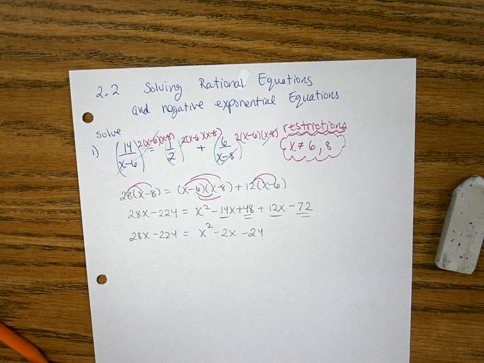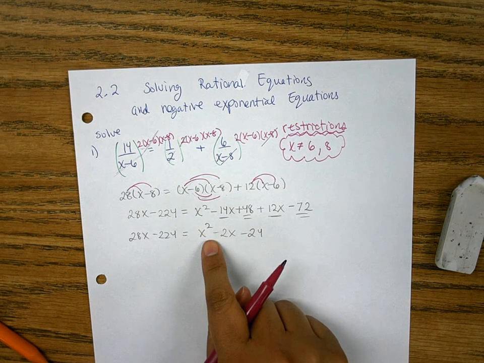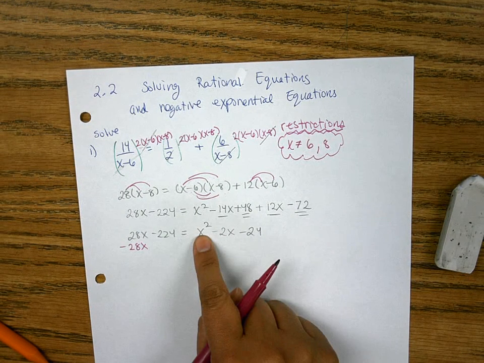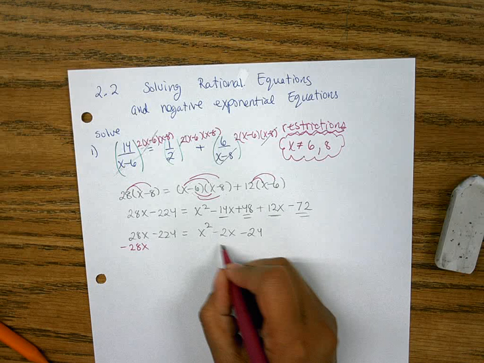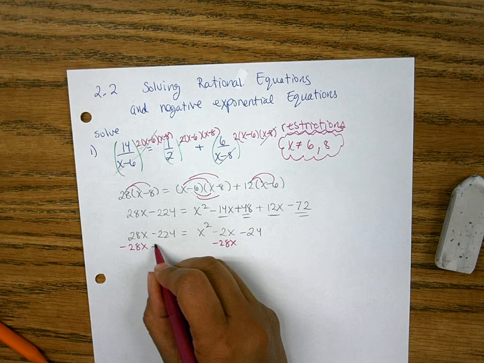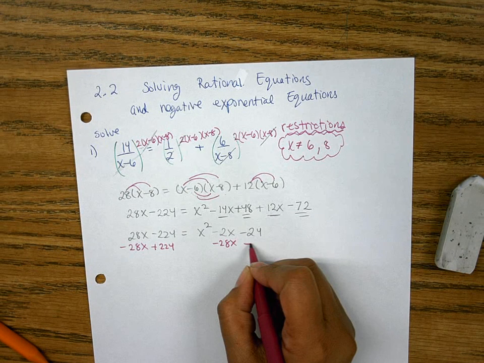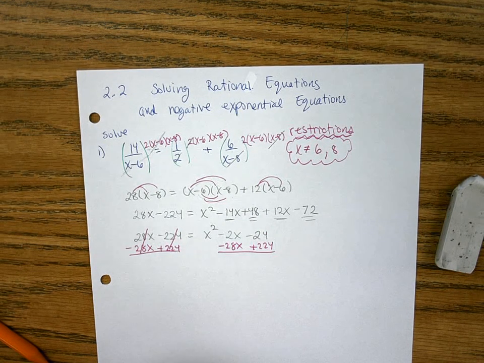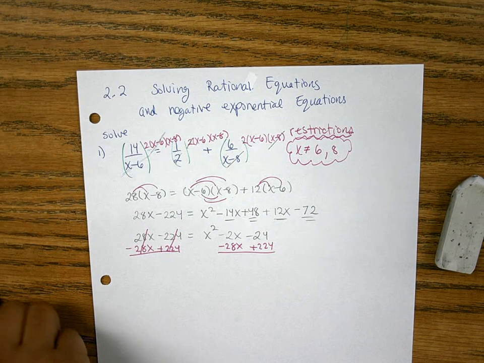So, do we want to move everything to the right or everything to the left? I'm hoping you can recognize, technically you can move it either way, but I want to move everything to the right so I can leave my leading coefficient positive. Because when I factor, it's easier to factor if the x squared is positive. So I'm choosing to move everything to the right.